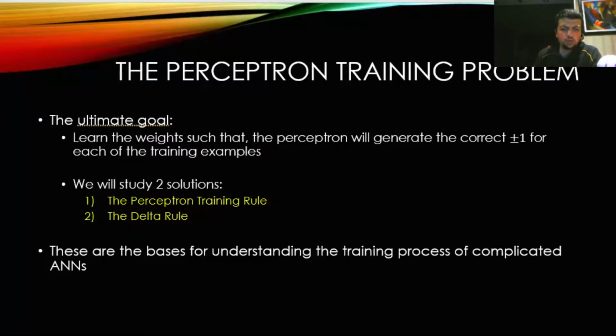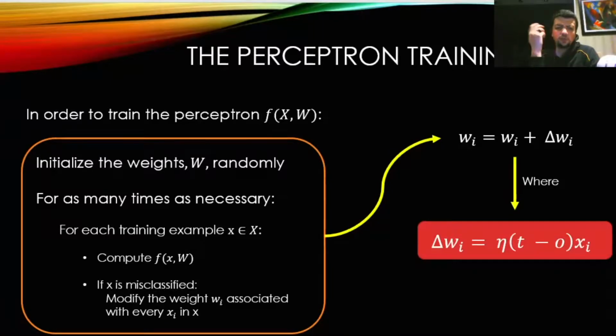Now, the Perceptron Training Rule. Imagine that you've got your perceptron, and you would start the weights of your perceptron randomly, absolutely randomly. And then you would feed your training data, right? So let's say X, this capital X, is your whole training set, and W is the weights in your perceptron.